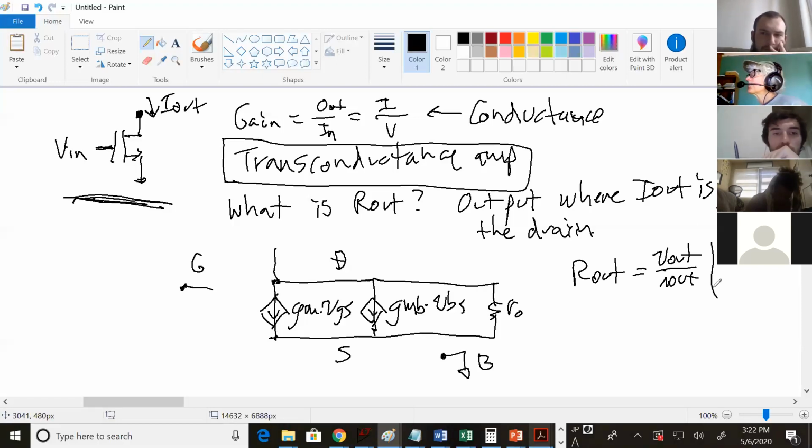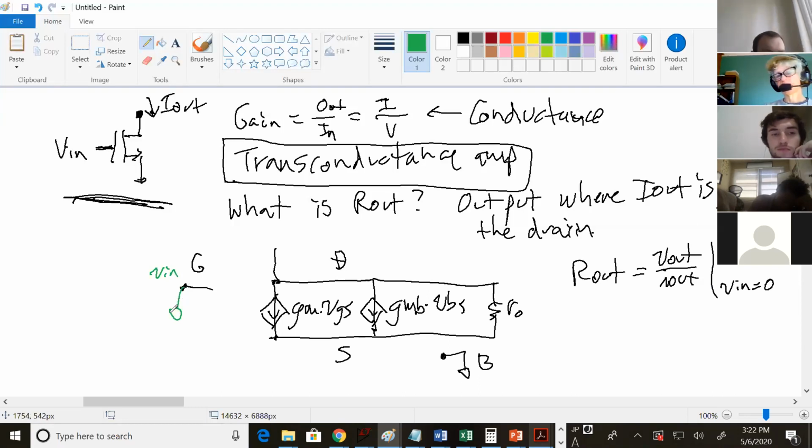And then what do you get to do when you're finding R out? Ground V in. V in equals 0. So this was V in, but since we're doing an R out, we get to ground it. I could write I out here, but just to get uniform names, I'm going to call that V test and I test.